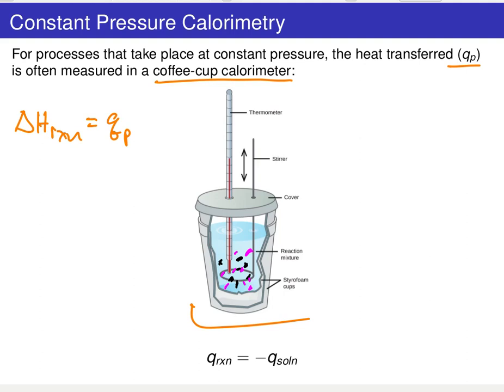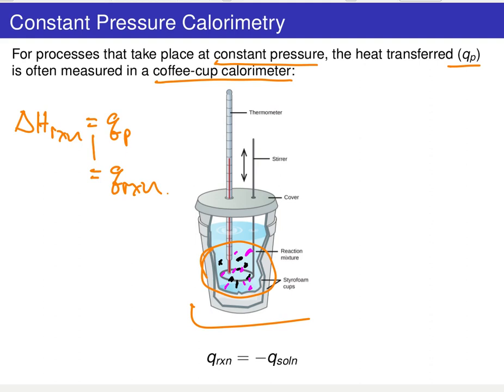And we know that under a constant pressure situation, delta H of reaction, the enthalpy change of reaction for whatever reactant we put in here, is going to be equal to that QP term, the heat transfer at constant pressure. In other words, this Q of reaction will give us a direct measure of the enthalpy of reaction.